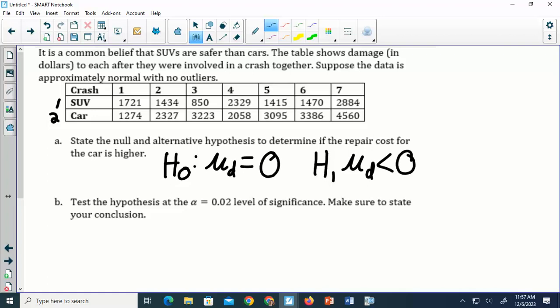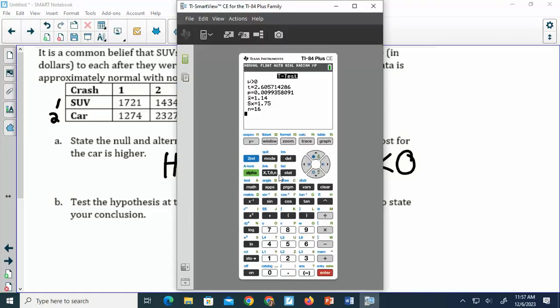Okay, so since we're testing it at the 0.02 level of significance, we're going to go into stat, edit, and then plug all of those numbers in, and then we're going to go to stat test number 2, the t-test, and then we're going to base it off the data. So remember when we did the difference, we put it in L3.